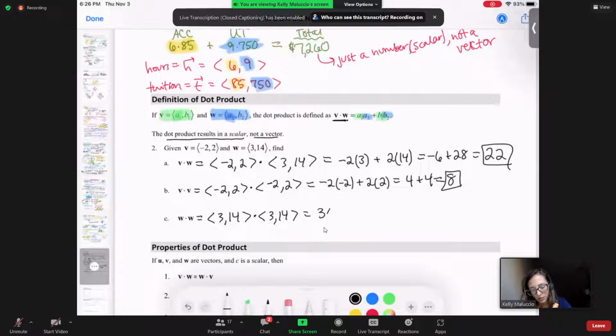We'd say this is 3 times 3 plus 14 times 14. This looks awfully similar to what we do for the magnitude. This is 3 squared plus 14 squared.